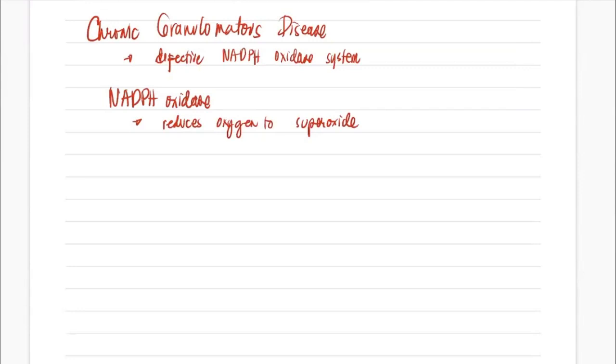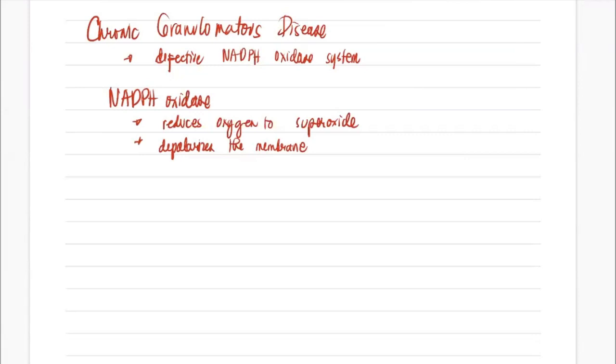Okay, now, again, NADPH oxidase is also involved in the oxygen-independent pathway. How? Because NADPH oxidase depolarizes the membrane of our phagocytes. And because of this, this process of depolarization is very important in order for potassium ions to enter the cell.